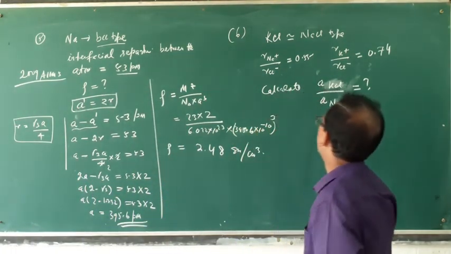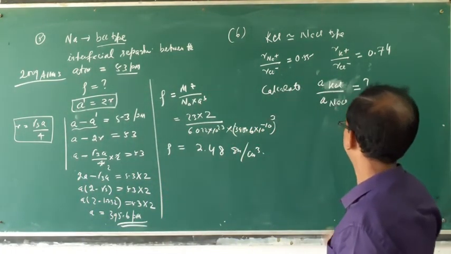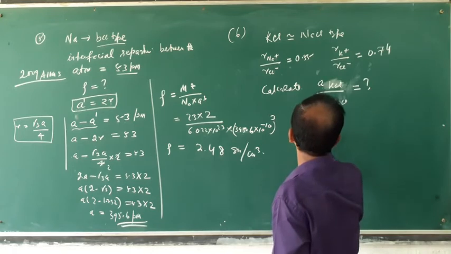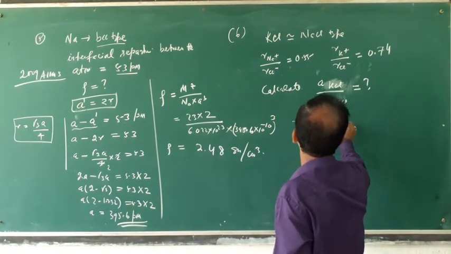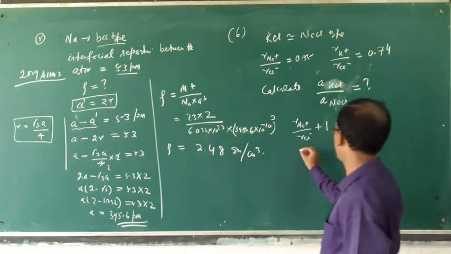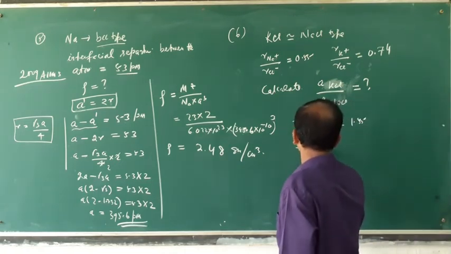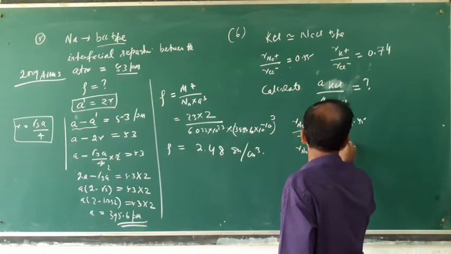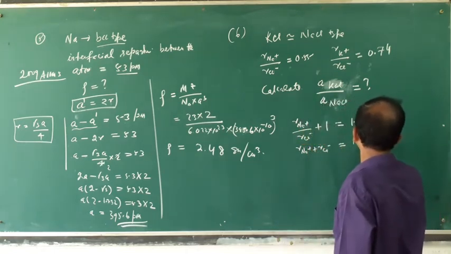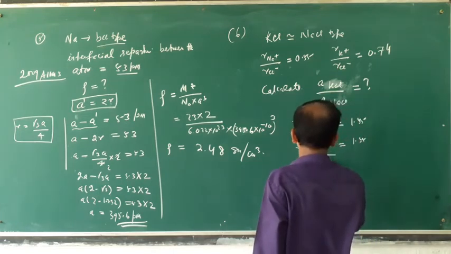Here, as you take R Na plus by R Cl minus, you just add 1 here, it will be 1.55. Now, R Na plus plus R Cl minus by R Cl minus is equal to 1.55.